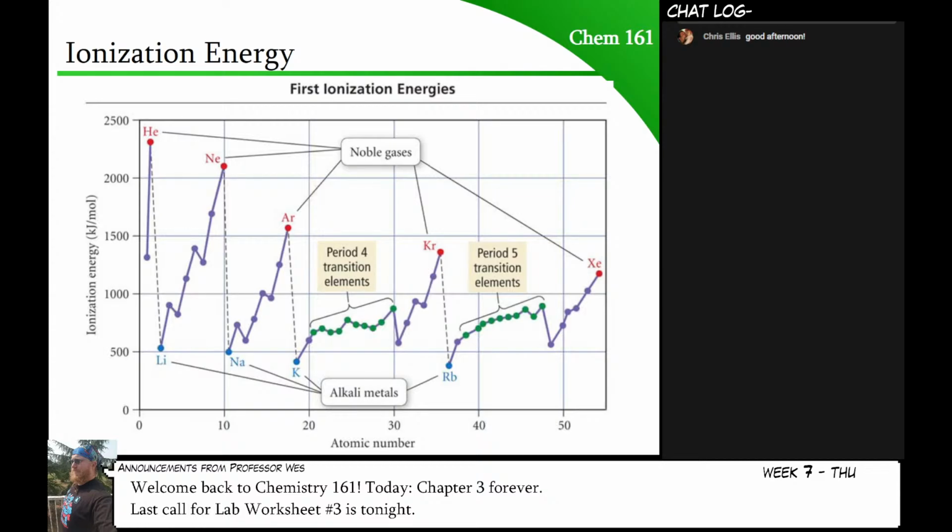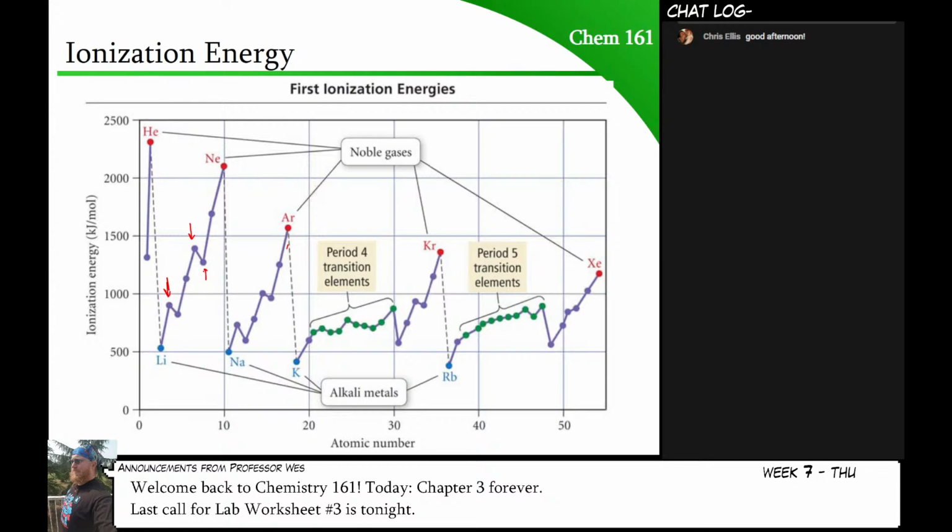All right. On the screen here, we have the first ionization energies of all the elements, and we were talking about Tuesday how we figured out these generic trends, and then how we accommodated for these unusual drops here.